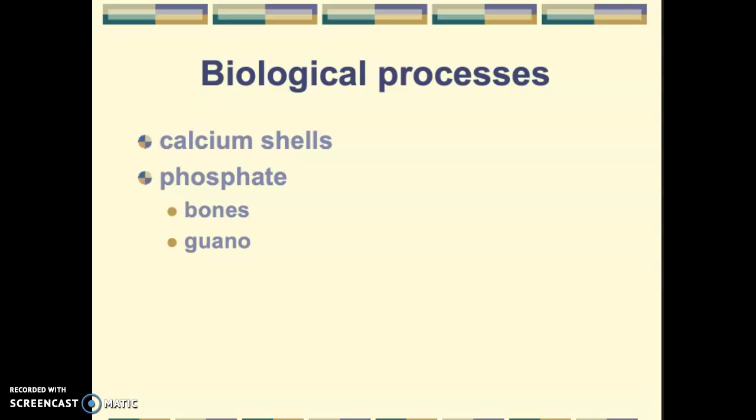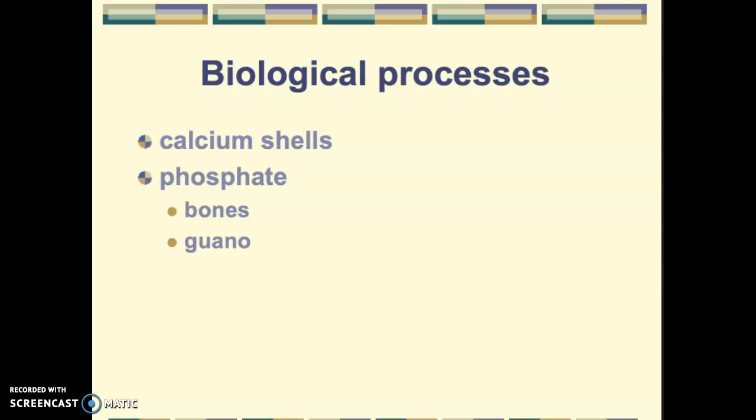So moving on to biological processes, these are things where living organisms take material out of their environment and then produce potentially deposits. The most common example of this is one of the most common rocks at the Earth's surface, which is limestone.